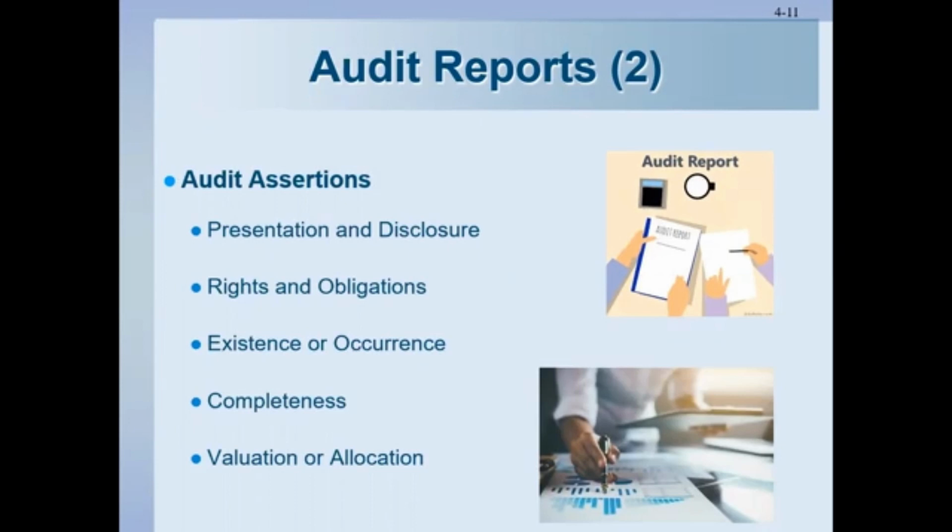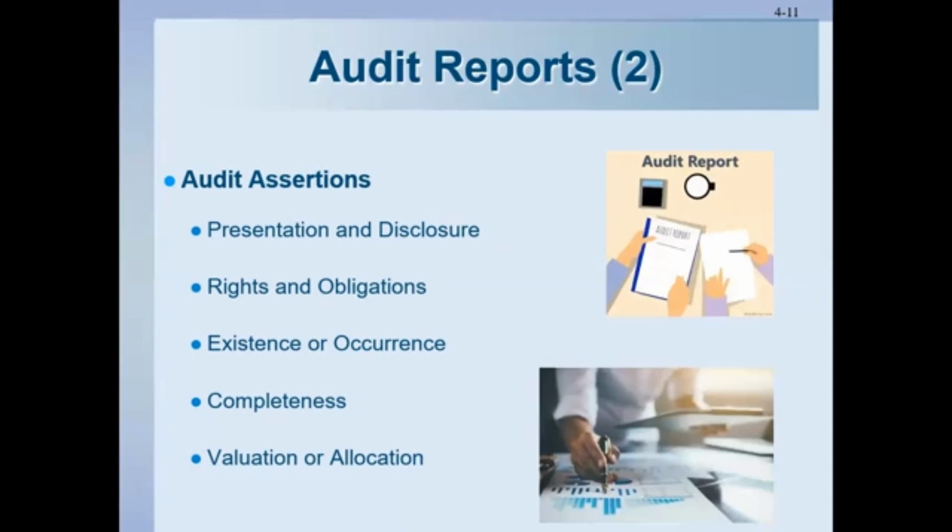The assertion of rights and obligations is a basic assertion that all assets and liabilities included in the financial statement belong to the company issuing the statement. So put simply, the company confirms that it has legal authority and control of all rights, meaning the assets, and obligations, which are liabilities, highlighted in their financial statements.